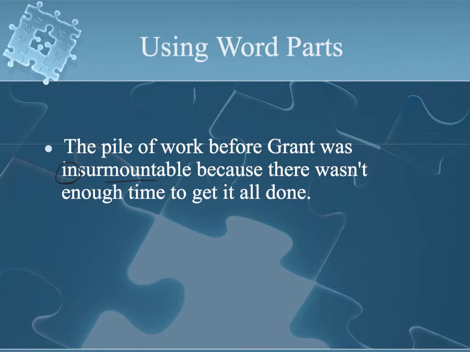That makes me think of a mountain, or you are climbing on something. The prefix in means not. So when I break down insurmountable, I'm thinking not able to climb or accomplish. So the pile of work before Grant was not able to be accomplished or completed because there wasn't enough time to get it all done.